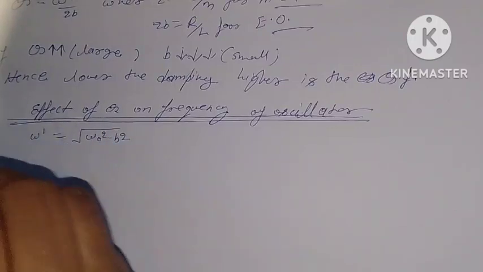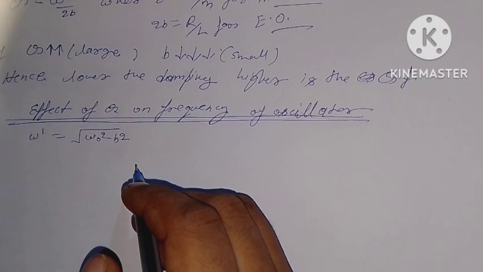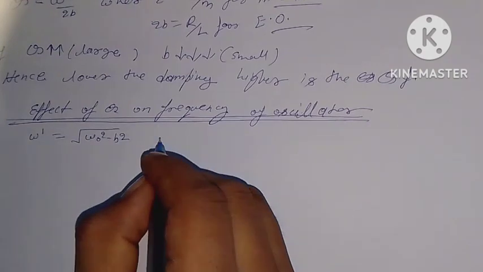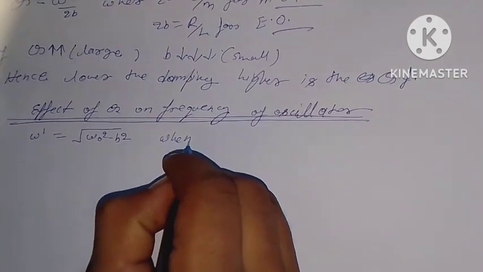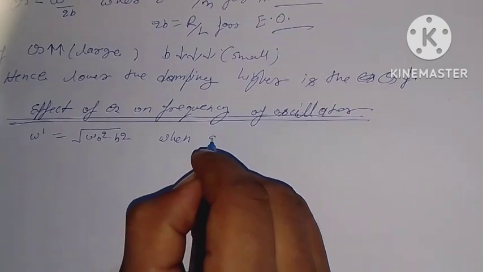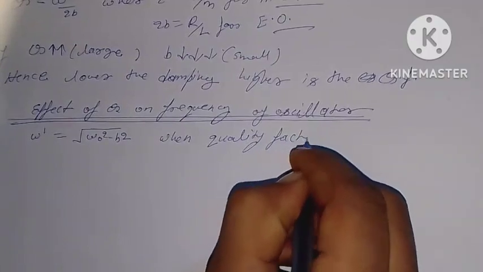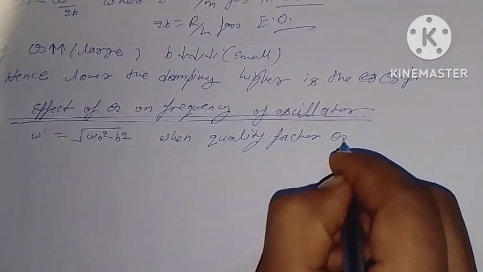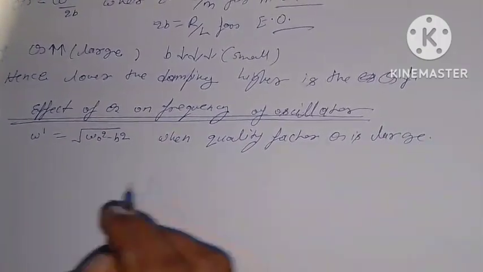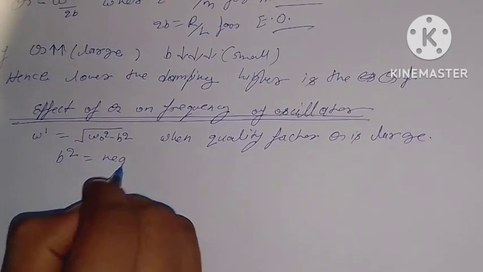When the damping is small, in other words when the quality factor Q is large, then b square is negligible as compared to omega naught square.